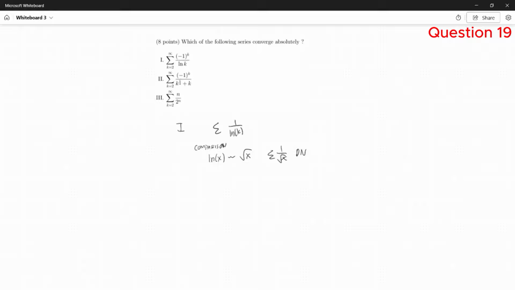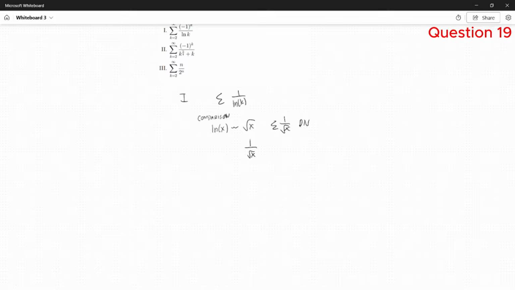So we have to determine whether or not the square root of x is greater than the natural log of x. If the square root of x is greater than the natural log of x, that means that all the terms 1 over the square root of x must be less than 1 over the natural log of x. In which case, if we know that 1 over square root of x diverges, then we know also that 1 over ln of x must also diverge.